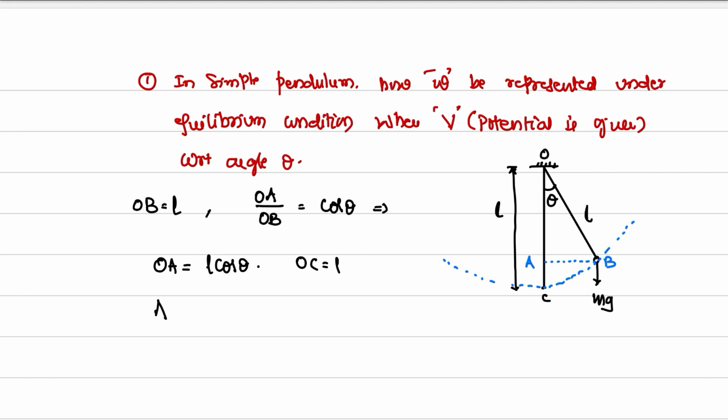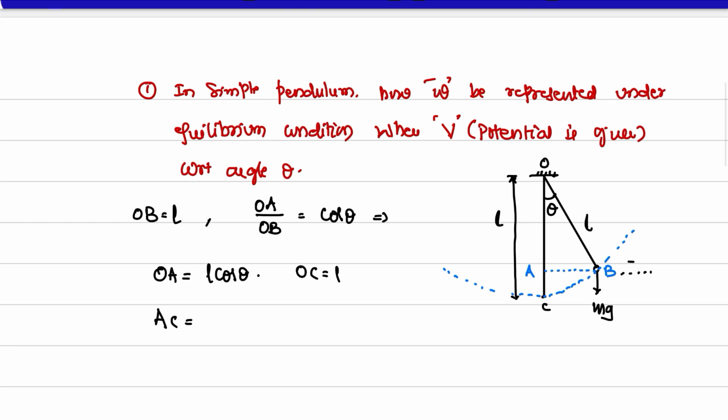AC, that I have already told you in the previous lecture, this is delta H. AC is equal to delta H, change in height.